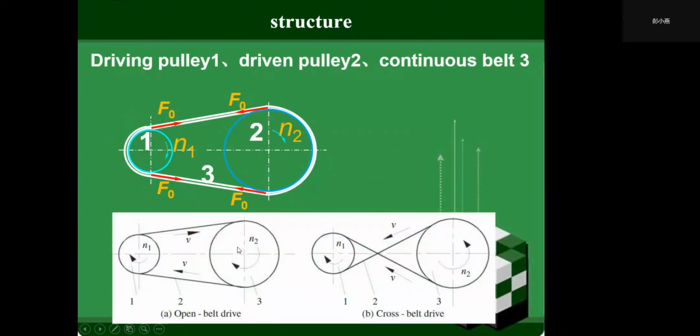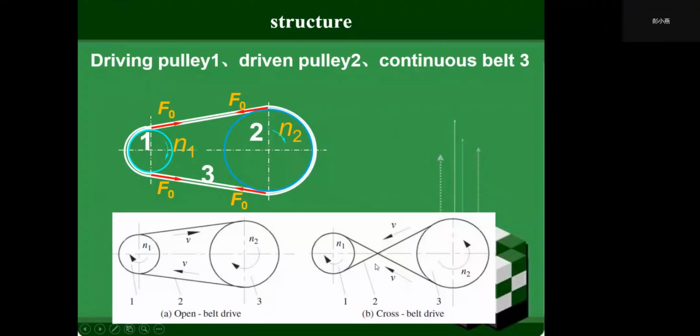There are 2 typical layouts of belt drives: the open belt drive and the cross belt drive. An open belt drive is used when the driven pulley is to be rotated in the same direction as the driving pulley.